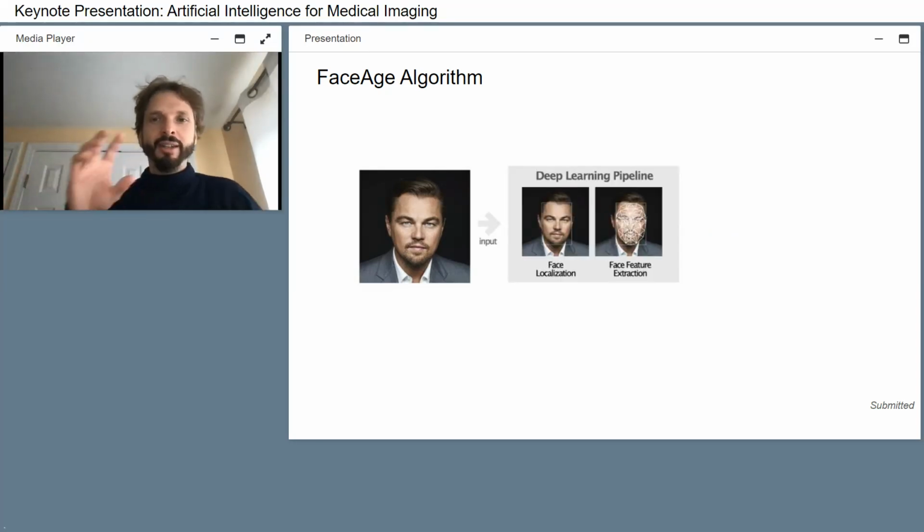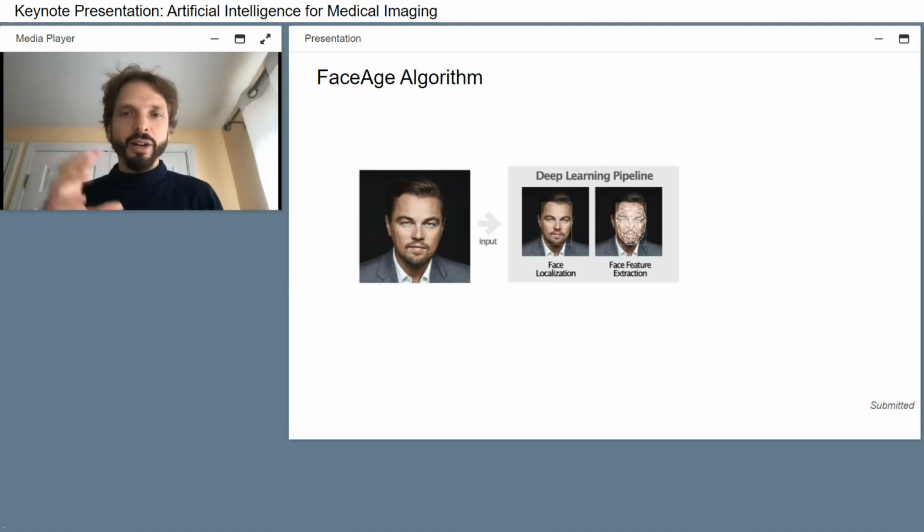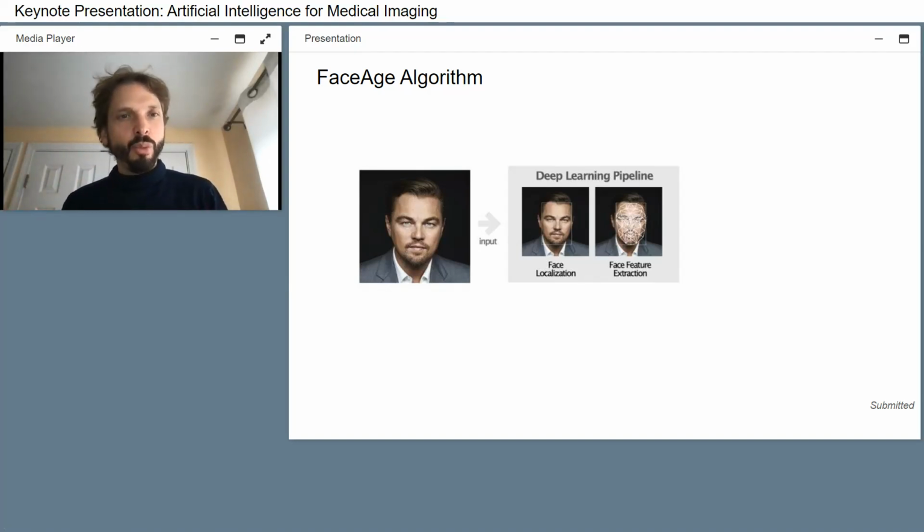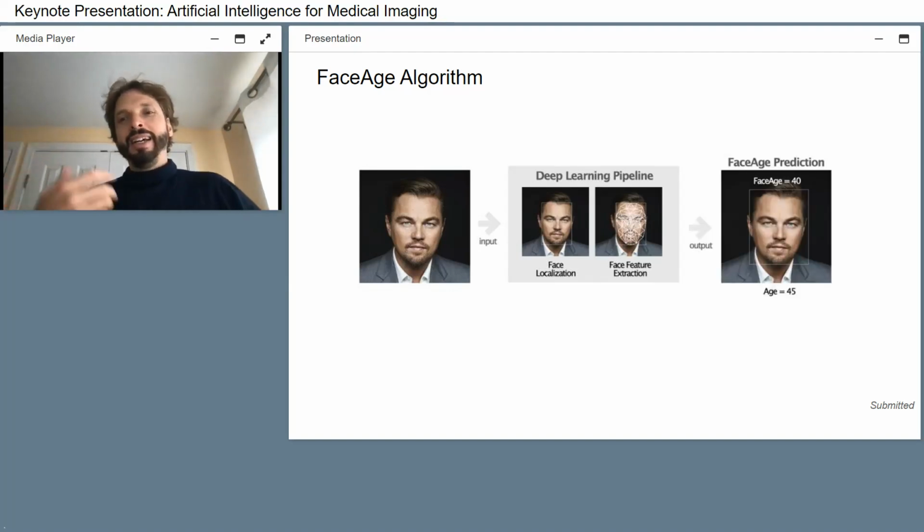We had two different algorithms in series, where first we localize the face in the image, and then once we have this bounding box, we perform another very detailed quantification of the facial characteristics. This is much more beyond what humans do, so the algorithm looks at aging in a different way than humans normally do. And the nice thing is that at the end, you get a face age prediction. In this example, Leonardo DiCaprio looks like 40 while he is 45, so he's 5 years younger than his age. His biological age is 5 years younger than his age.